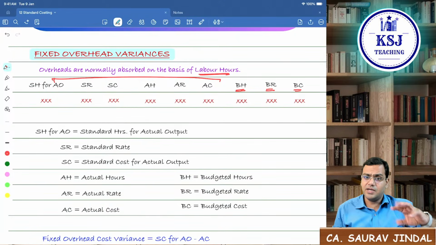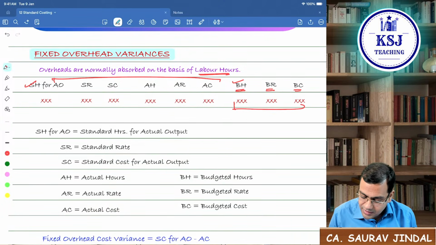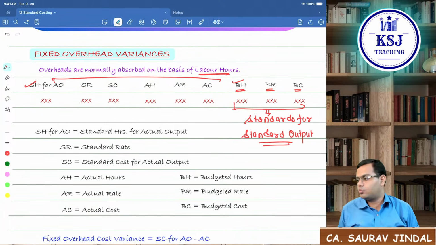So what is the difference between the standards and the budget? The only difference is these budgets are my standards for standard output.